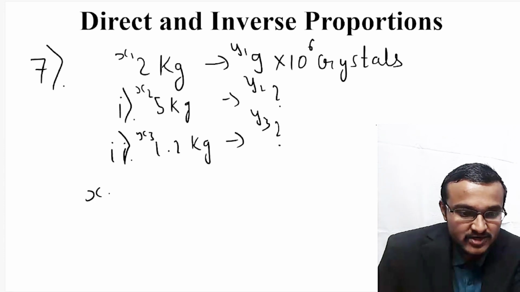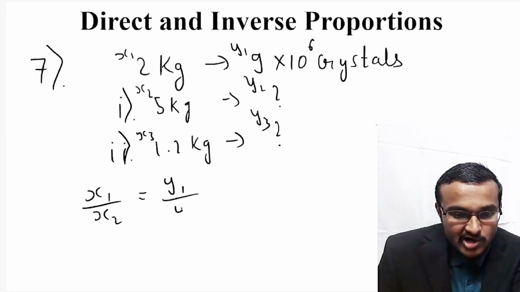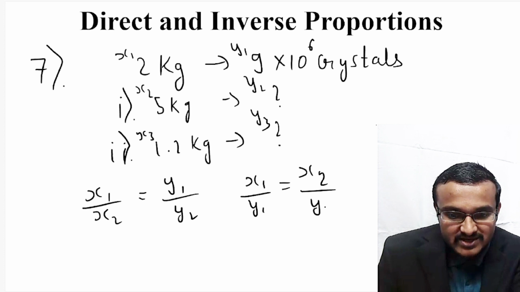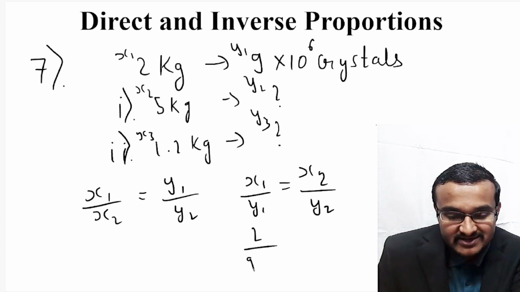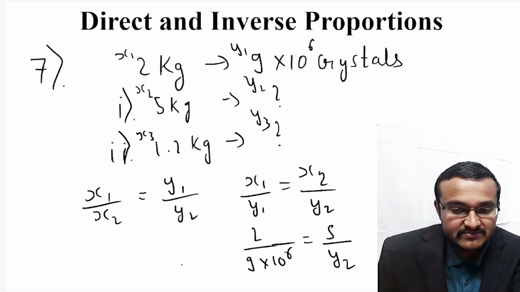So we know that x1 by x2 is equal to y1 by y2, or we can take this as x1 by y1 is equal to x2 by y2. So what is x1 and y1? x1 is 2 kg, y1 is 9 into 10 power 6. x2 is 5 kg and y2 we don't know, we'll just keep it as y2.